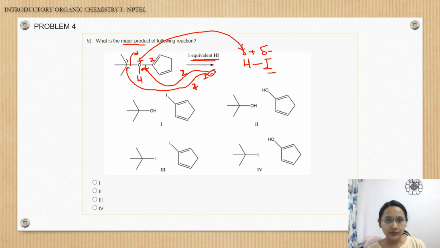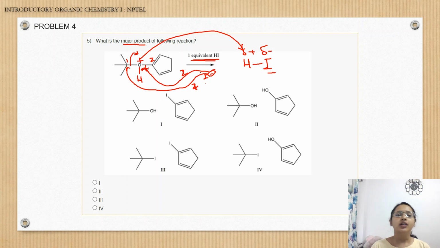The girl is saying the first carbon, and what about you? What were you saying? Carbon number 2. Okay. So one is saying that carbon number 1 is attacked by iodine, and another one is saying that carbon number 2 is attacked by iodine.